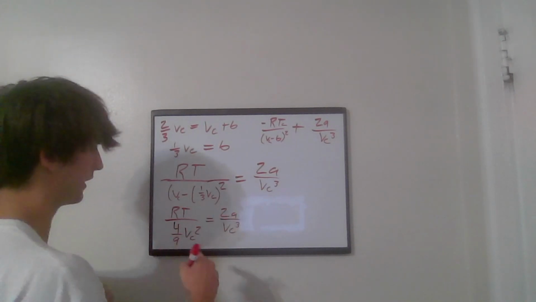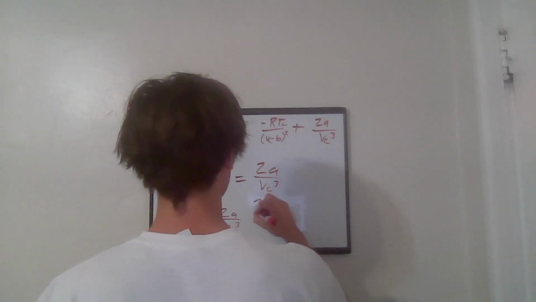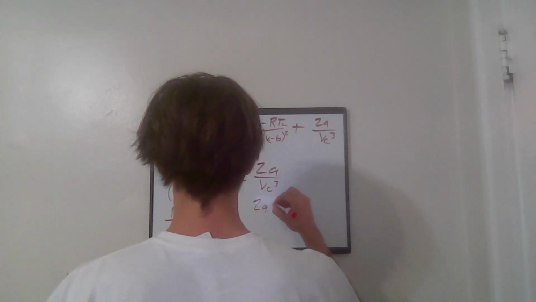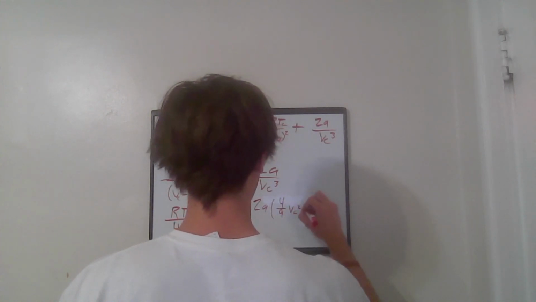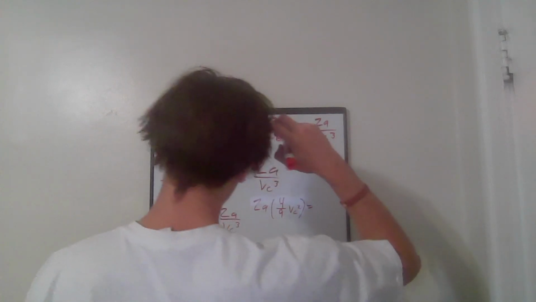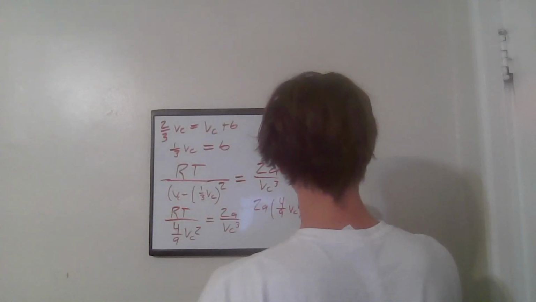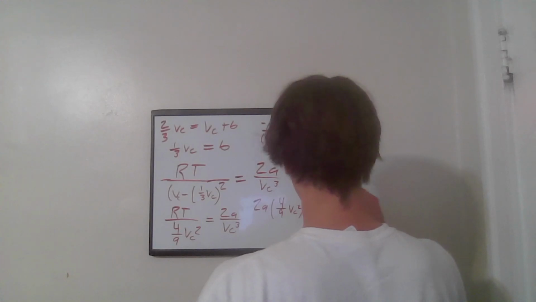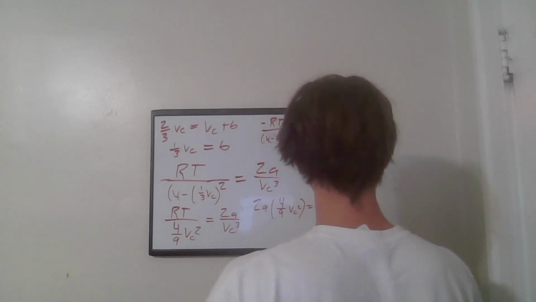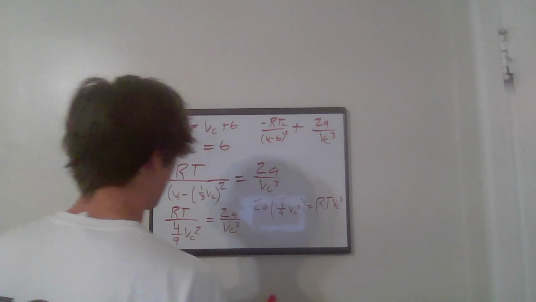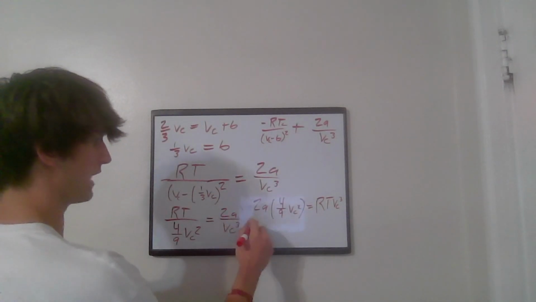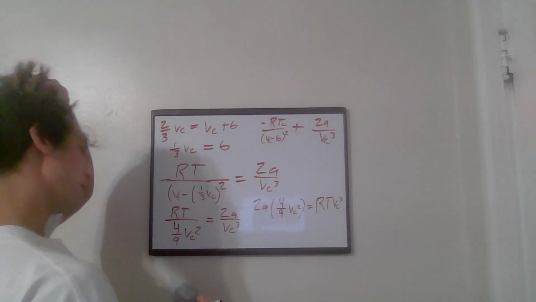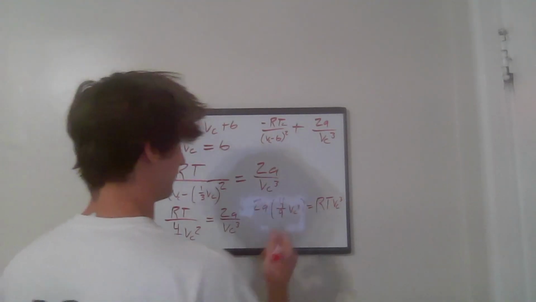So now we can cross multiply to find our A. And so it's going to be 2A times our 4/9 VC squared equal to RT times VC cubed. So what we want to solve for is our A value.